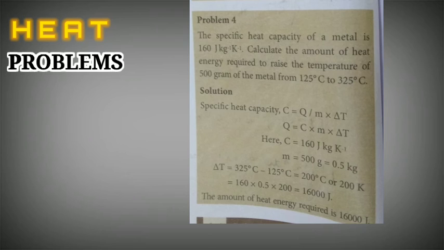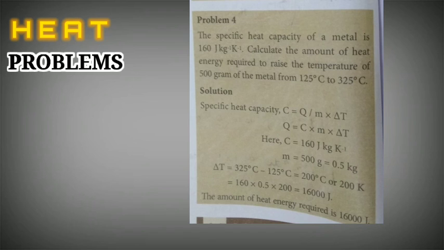Calculate the amount of heat energy required to raise the temperature of 500 gram of the metal from 125 degrees C to 325 degrees C. We know specific heat capacity C is equal to Q by M into delta T. From this equation, amount of heat energy Q is equal to C into M into delta T. Here C is equal to 160 joule per kilogram per Kelvin. M is equal to 500 gram.